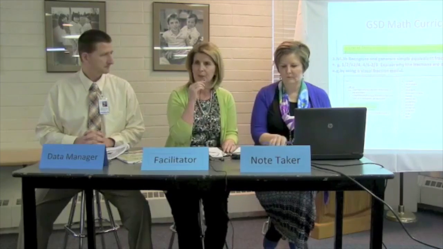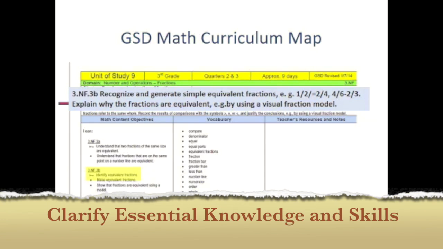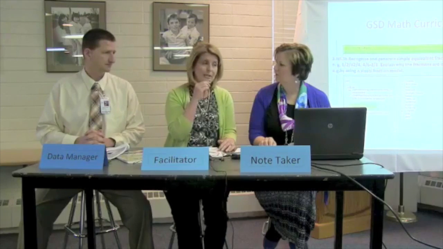And I know when we determined this was our essential learning, we recognized that the key concept here was to identify equivalent fractions, and that is really a basic skill that all of our kids need to know. But it's also important that they recognize and generate and be able to explain why and have that little greater depth and understanding of this essential learning.